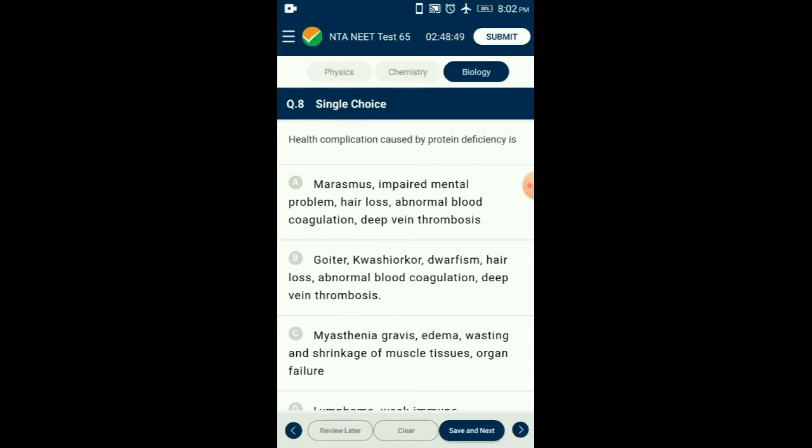Marasmus, kwashiorkor, impaired mental function, hair loss, and a weak immune system are all symptoms of low protein in the body. So the answer for this question is option A. Marasmus, impaired mental function, hair loss, abnormal blood coagulation, deep vein thrombosis.